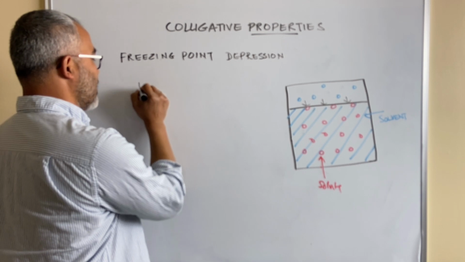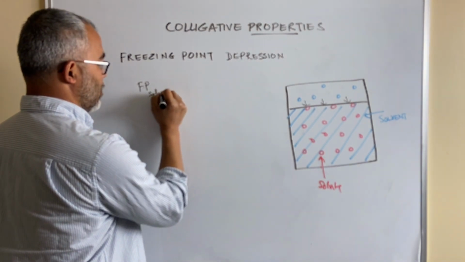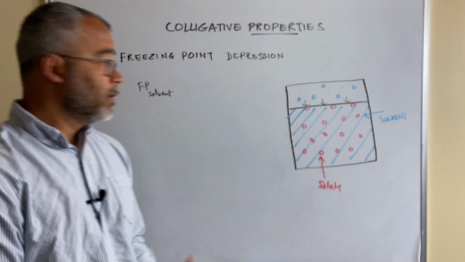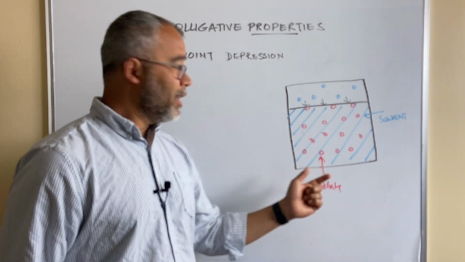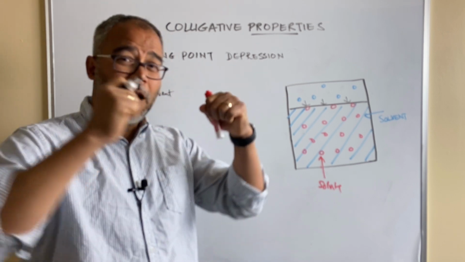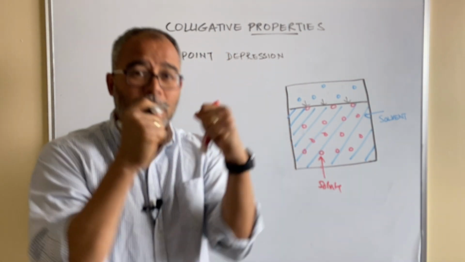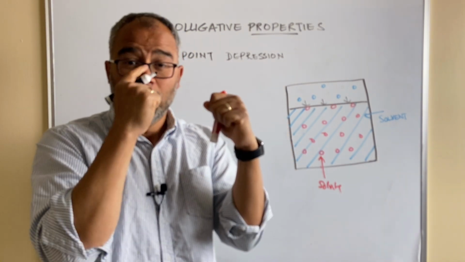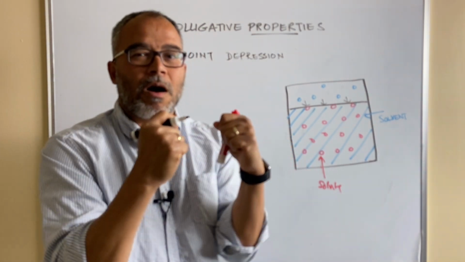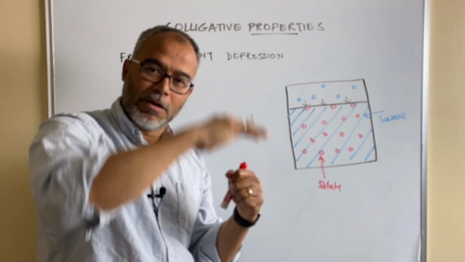Let's call that freezing point of solvent. Now, because there is solute in this, when things freeze, the molecules tend to come close together. But now imagine there are these little red dots, which are the solute particles, that are preventing the molecules from closing in, which means you have to squeeze them harder. What that translates to is you have to depress the temperature even more.